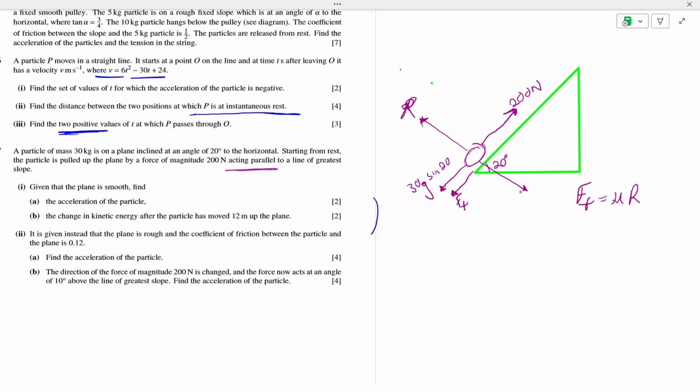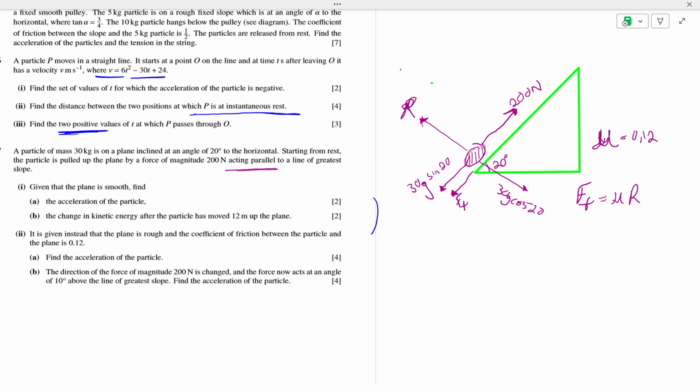We know that the component of weight that acts parallel to the reaction is equal to 30g cos 20. Remember, I already showed you how to derive this in the previous question, right? Like that. Then we have mu. We know that mu, the coefficient of friction, is given as 0.12, right?